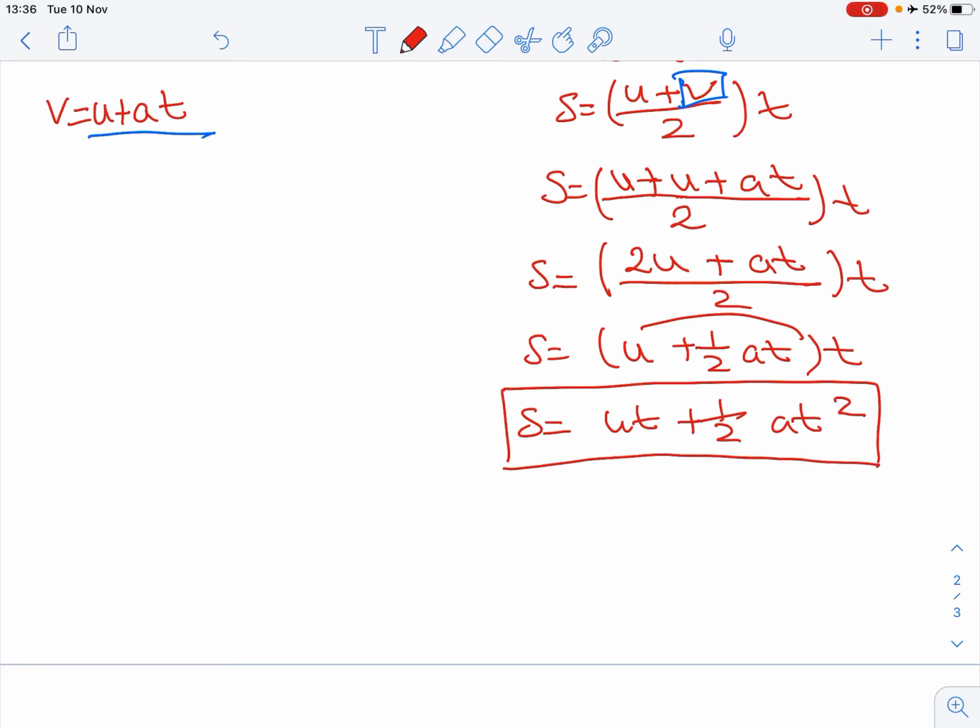We're going to use this equation when we don't have the value of v, the final velocity. So we don't know the final velocity, but we want to work out our displacement. We can also use this formula to work out the time, acceleration, or initial velocity.